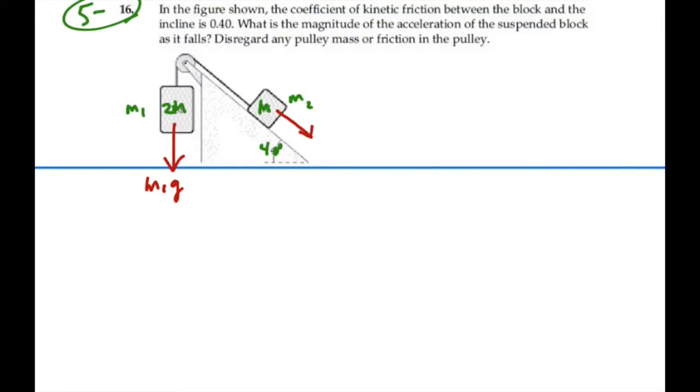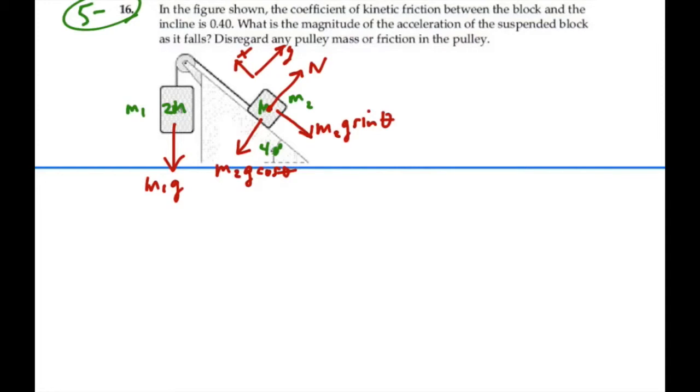We would have one component, m2g sine theta, down this incline, and another component, m2g cosine theta, into the incline. We also would have a normal force that would offset the m2g cosine theta so that there was no net force in the y direction on this incline, x direction being up.